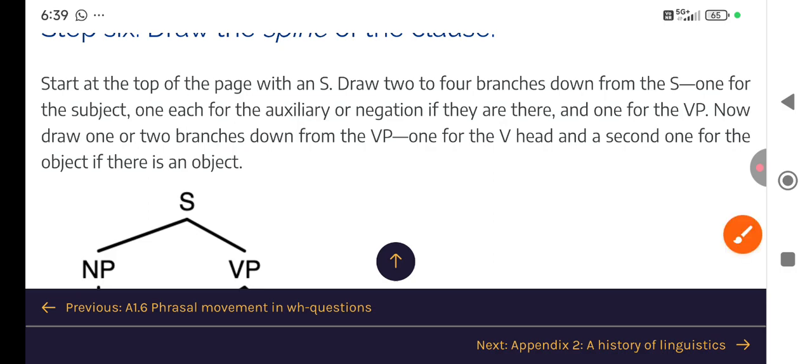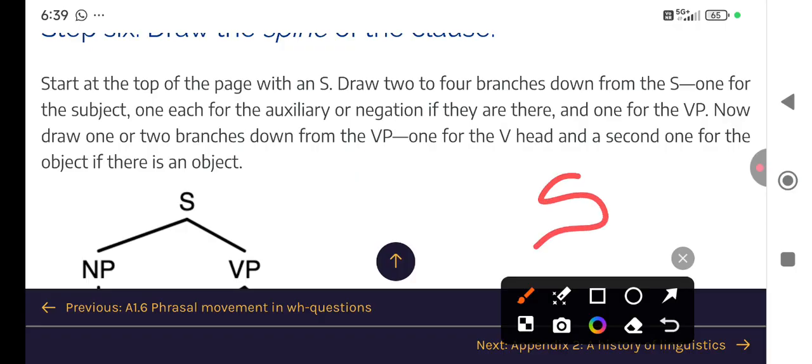So first of all, you have to write sentence at the top of the page and draw two to four branches, maybe four, right? Branches down from the S, one for the subject, right?